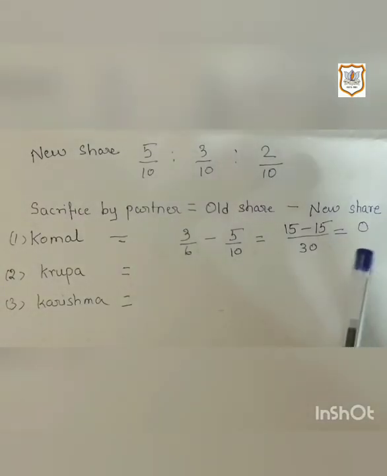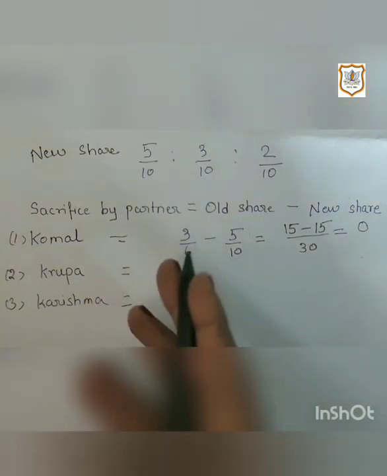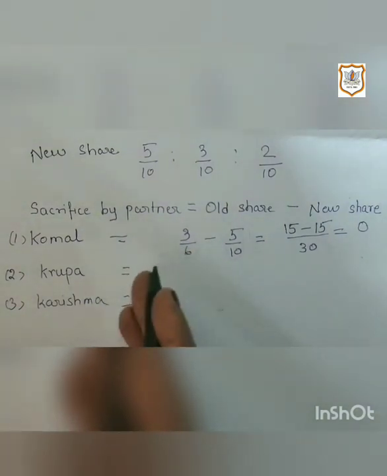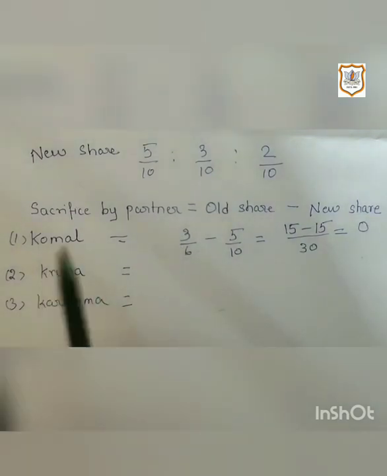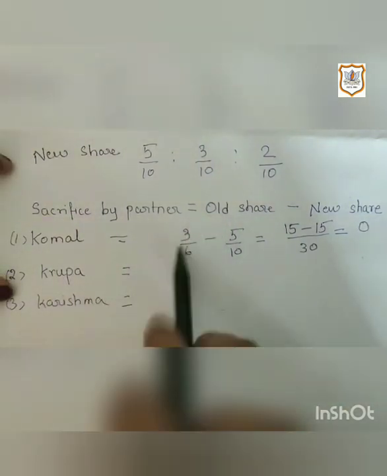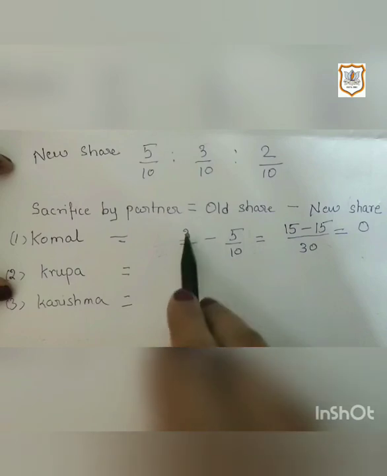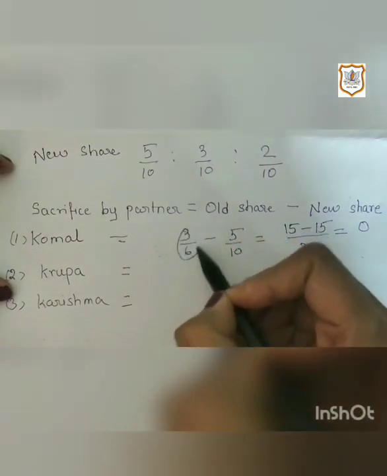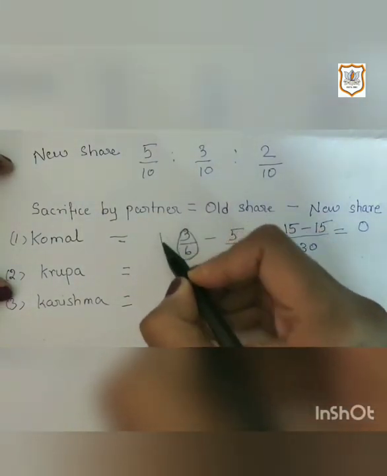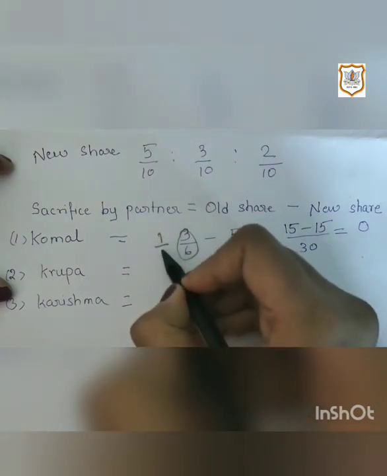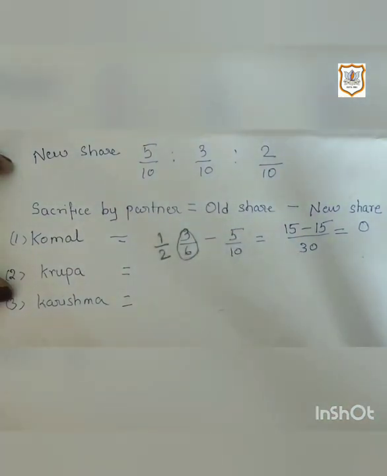As the answer is 0, we can say that Komal has sacrificed nothing, as her share of profit remains the same. Moreover, we can easily identify that she has sacrificed nothing, as her earlier share was 3/6. If you simplify it, her earlier share was 1/2.